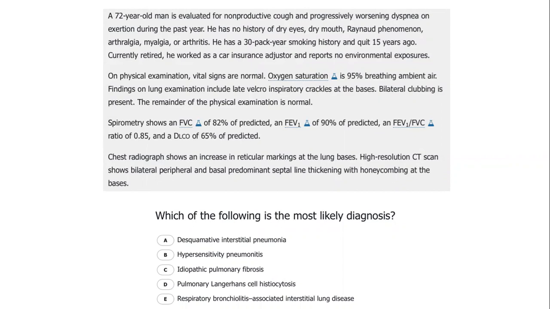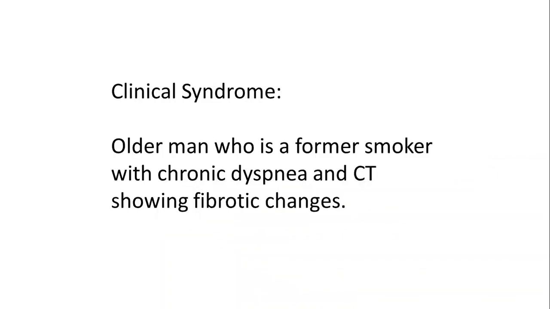And he also has evidence of honeycombing. And what do those make you think? IPF. Yeah, those are fibrotic changes. Okay, very good. So an older man who's a former smoker with chronic dyspnea and CT showing fibrotic changes. Once you put it that way, it's obviously IPF, right?